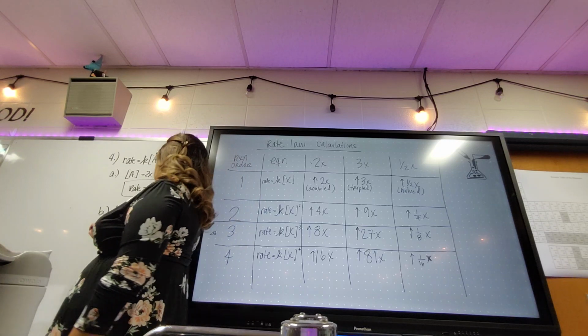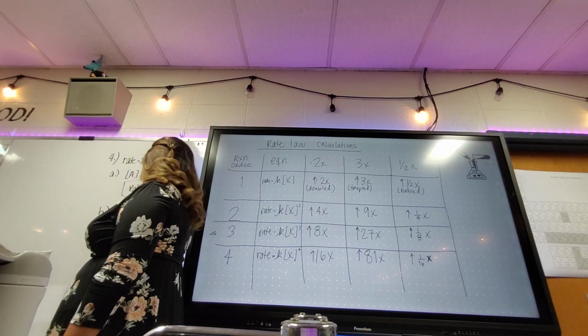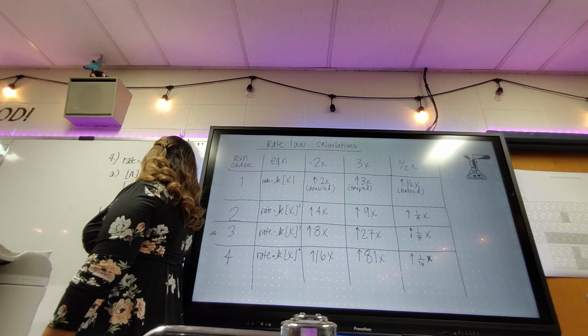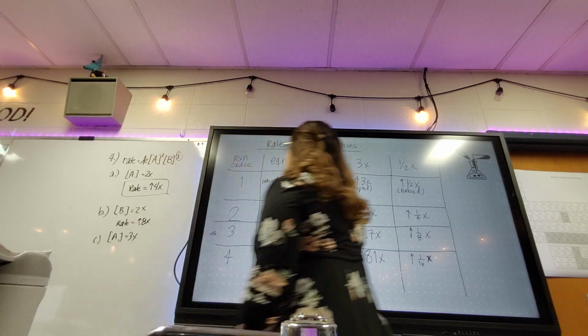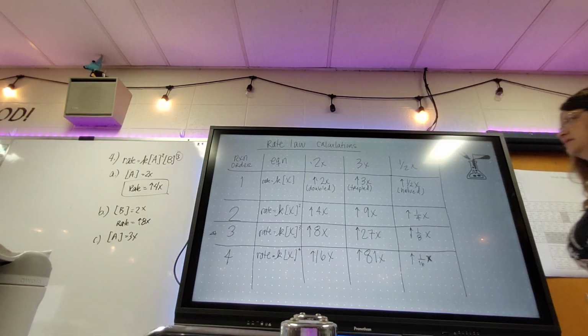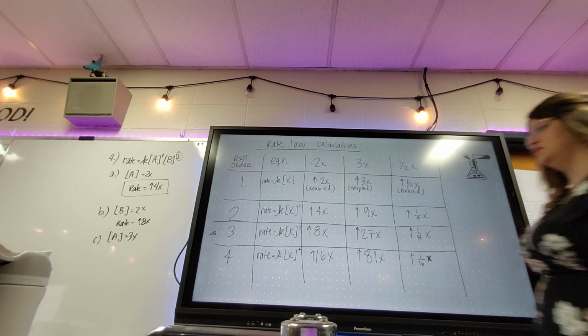What does C say? A's triple. Okay. Find that. Think about how your rate should increase.